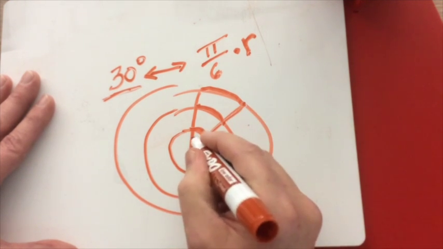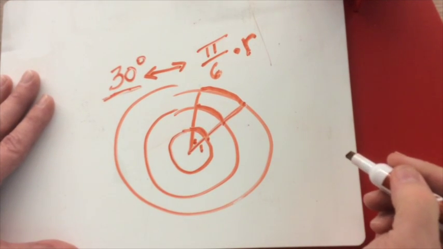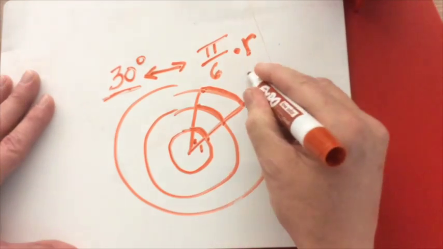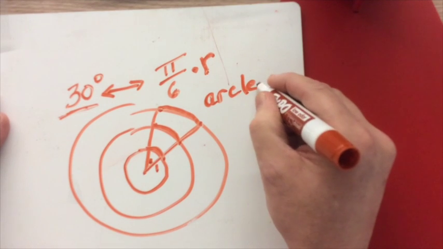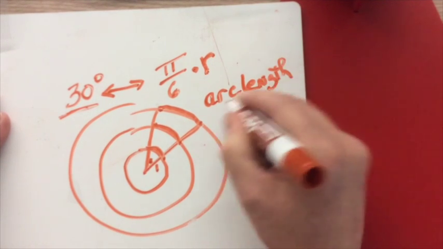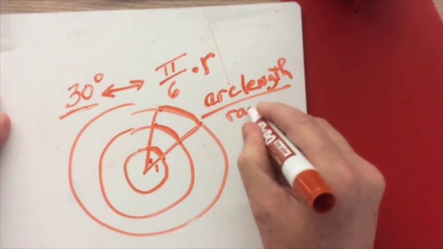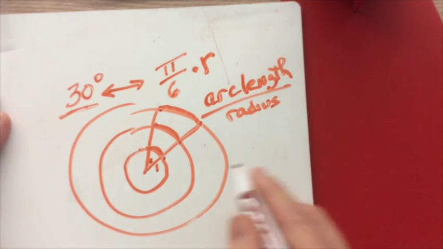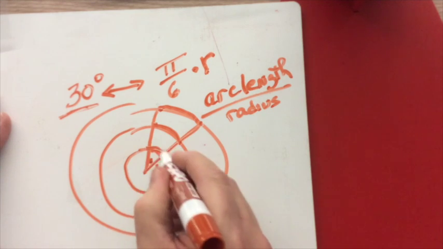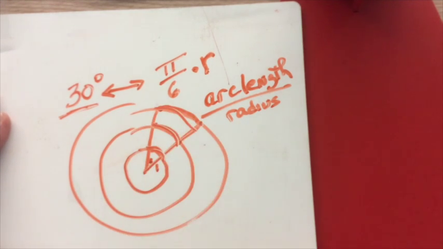But if this is 30 degrees right here, then if I take this arc length and I divide it by the radius, for a 30-degree angle, this is always going to be pi over 6.